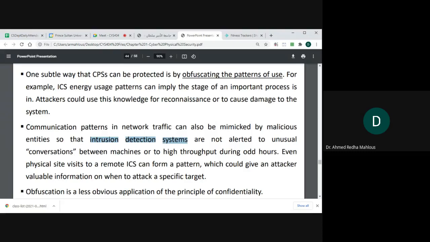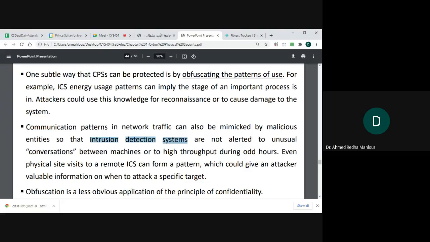It will suppose that this is an unusual message, because we don't expect to receive anything during this specific interval of time, but we are receiving something. That means something is suspicious. So this is the pattern. We need to obfuscate the pattern. We need not to show how the CPS works, or how the communication patterns are done within a CPS environment.